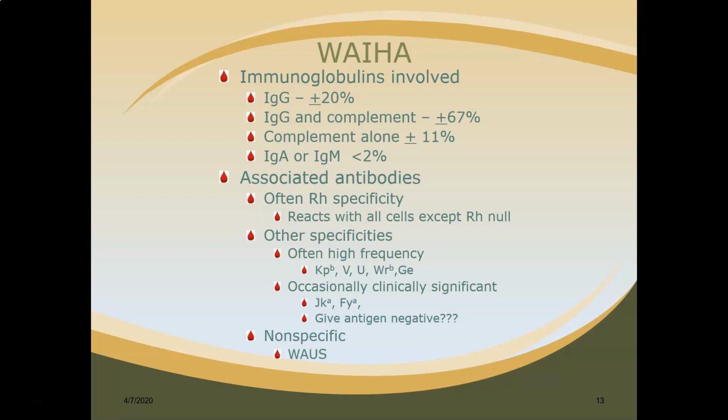These antibodies often have an Rh specificity for some reason. Occasionally they will react with all cells except for the Rh null, and obviously that's going to have to go to a reference lab to find that out. The exact specificity is not necessarily vital, but we do often see an Rh pattern with these.